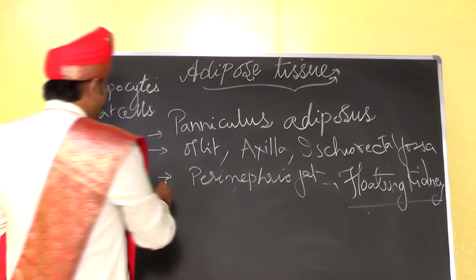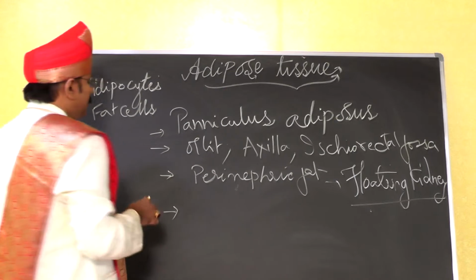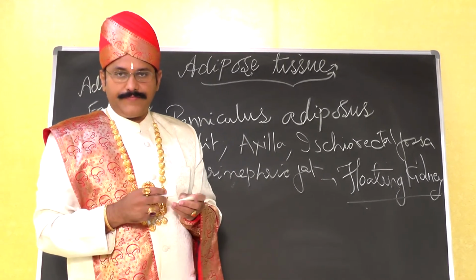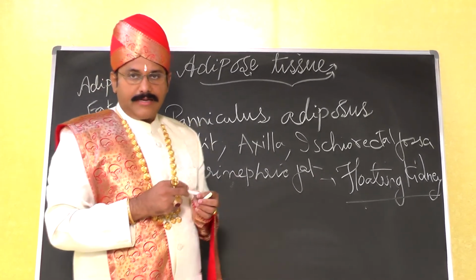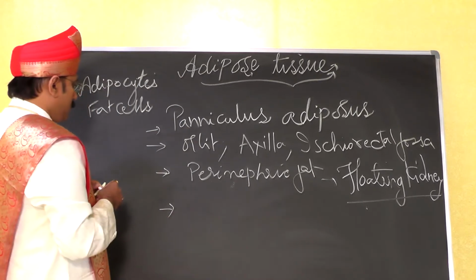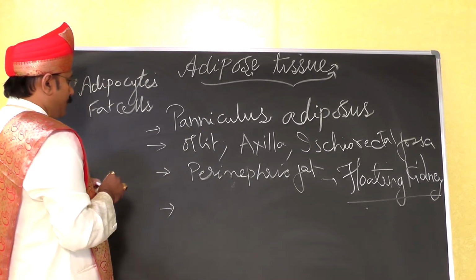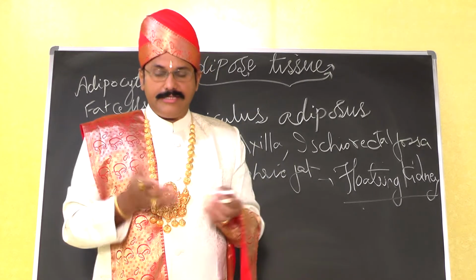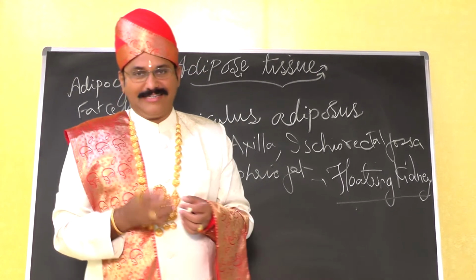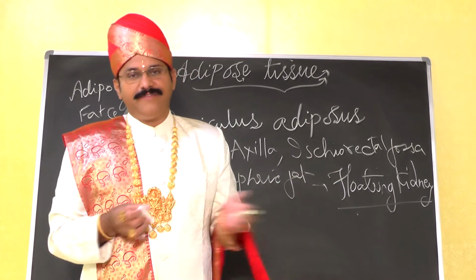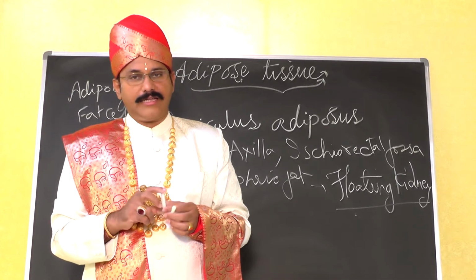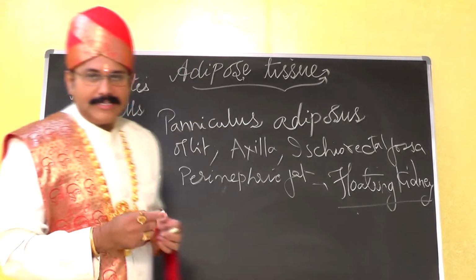And you see fat is present in so many regions. Now we have learned so many sites where fat is present. Now we will talk about those regions where fat is absent. Where is fat absent?